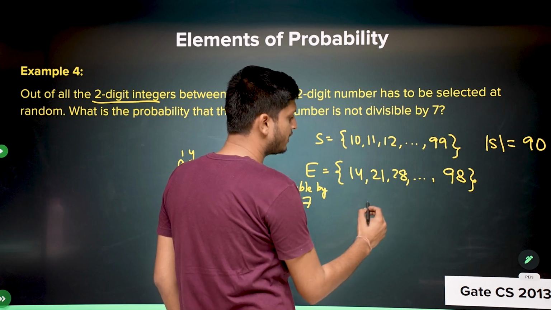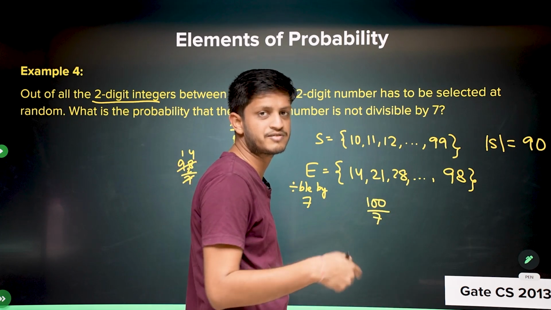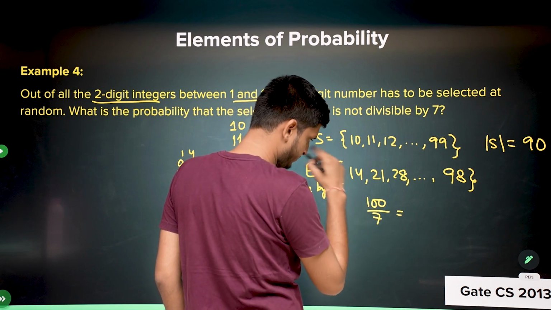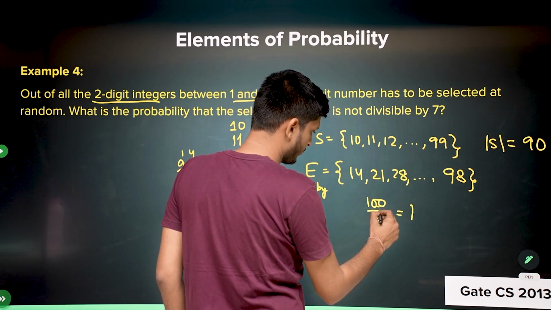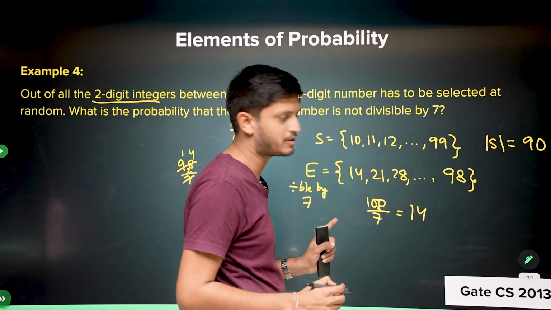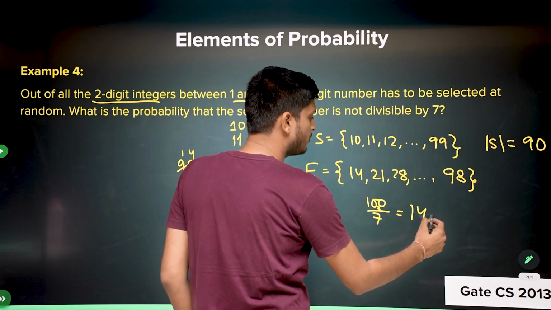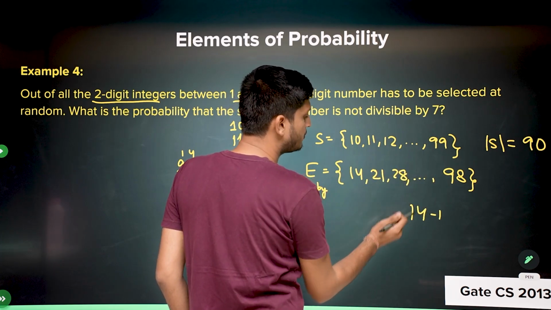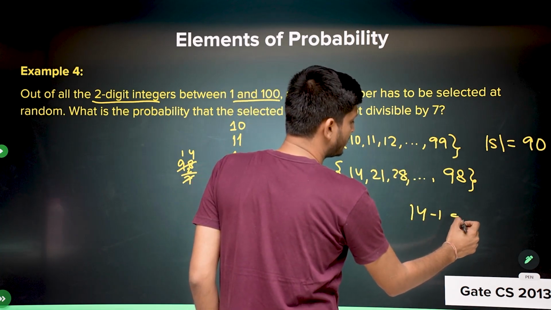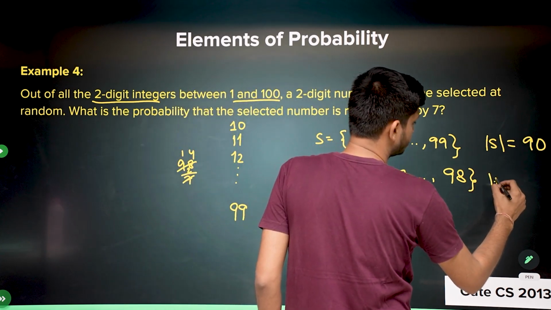See, up to 100, the number of integers which are divisible by 7 will be floor of 100 by 7, which is 14. There are 14 integers from 1 to 100 which are divisible by 7, because 14 times 7 is 98. And we have to remove 1 because 7 is not in the sample space. So there are 13 numbers. So the cardinality of this set is 13.